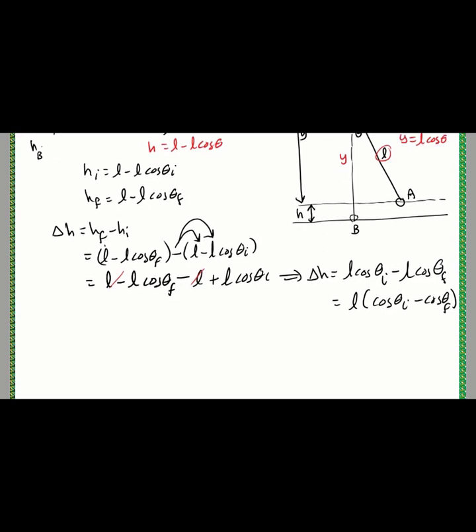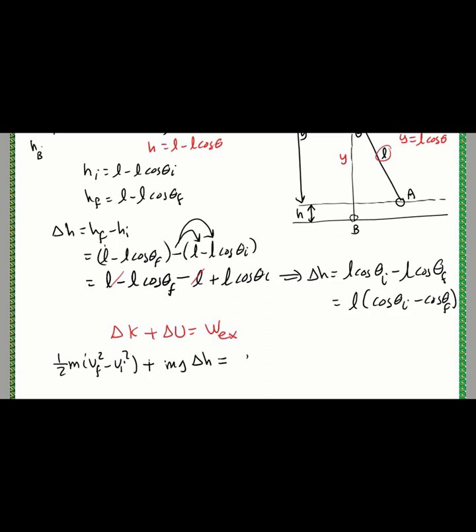Why is this? Because I need to use the conservation of energy. Delta K plus delta U equals external work. Delta K is 1/2 m times V final squared minus V initial squared, and delta U is m g delta h.